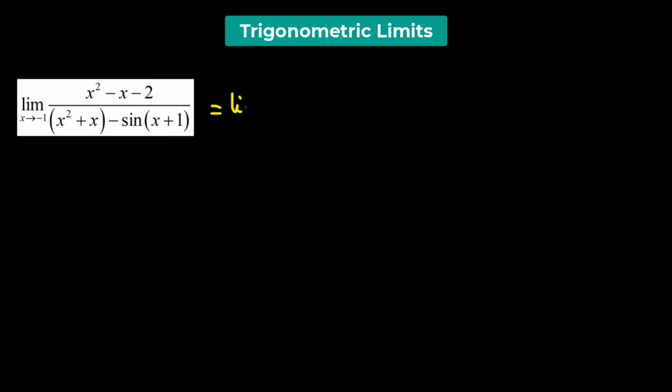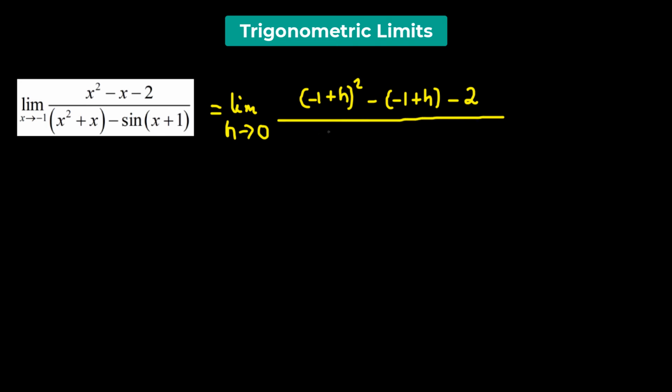We're changing from x to h, so we have h going to 0, such that x now becomes negative 1 plus h. So the numerator is negative 1 plus h, whole squared, minus negative 1 plus h, minus 2, divided by, so we have x squared here, negative 1 plus h, whole squared, plus x, which will be negative 1 plus h, minus sine of negative 1 plus h plus 1.